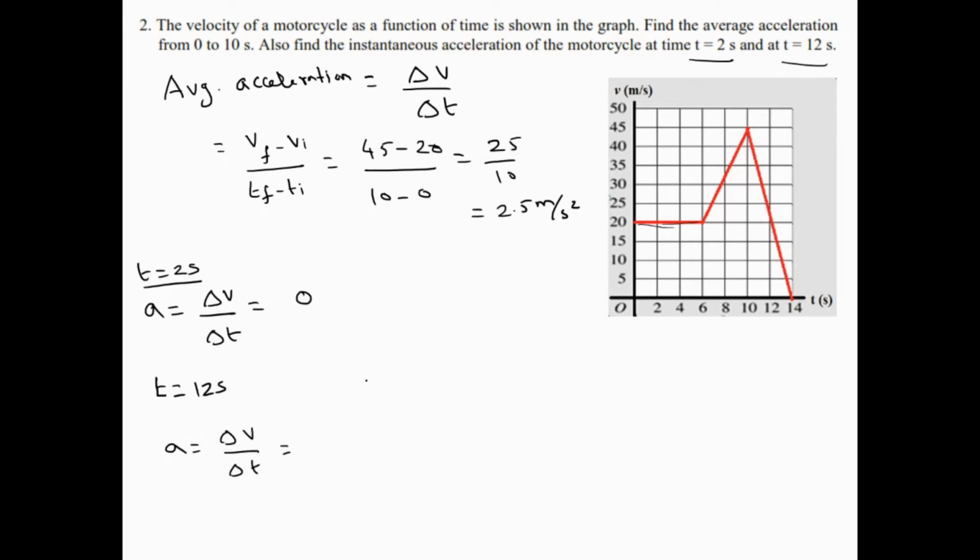So 45 minus 0 divided by 10 minus 14. Clear? So the answer is 45 over minus 4, which gives you the value of minus 11.25 meter per second square. So this is the answer for the second question.